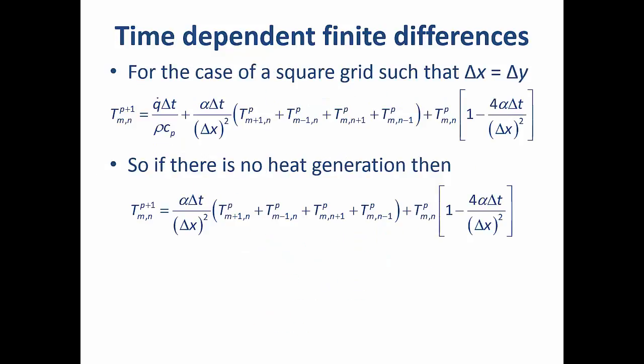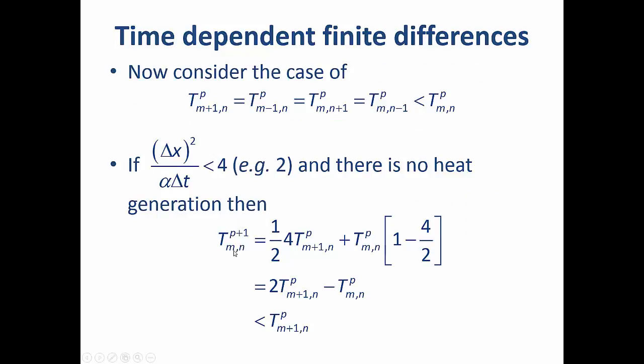Using that information and this equation that was on the previous slide, I get that the node Tmn at time p plus 1 equals a half times 4 times the nodal temperature Tm plus 1n at time p.